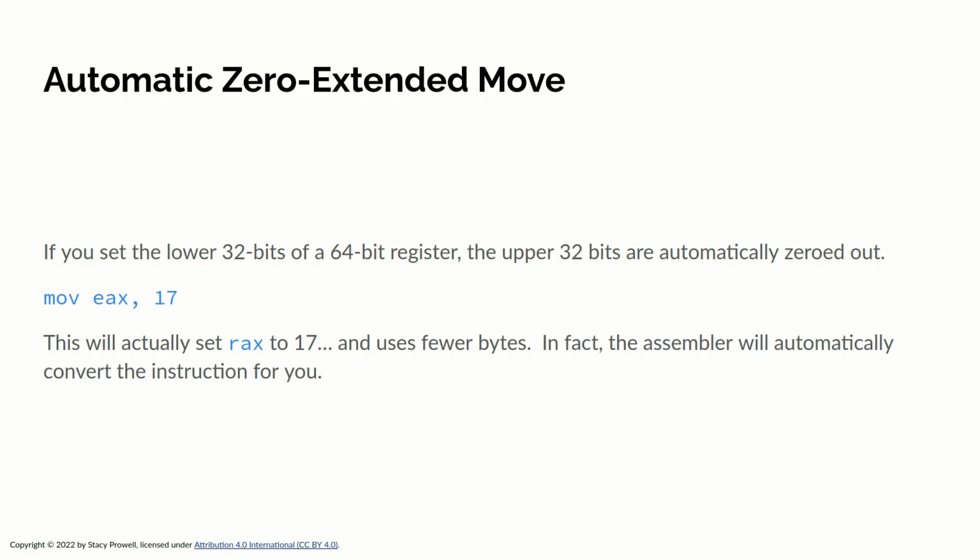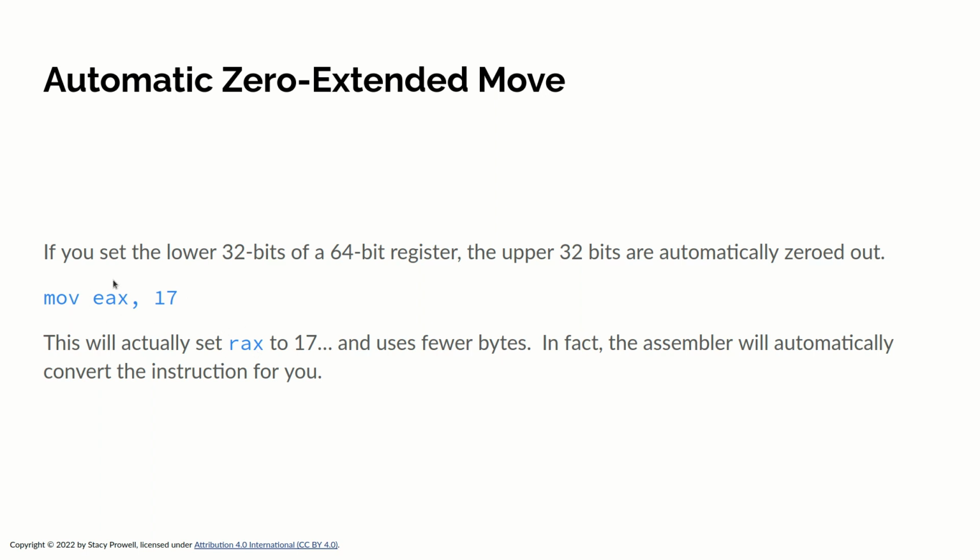If you set the lower 32 bits of a 64-bit register, then the upper 32 bits are automatically zeroed out. This is called zero extended move. So I do a move, and I put 17 into EAX. And we know EAX is a name for the lower 32 bits of RAX.